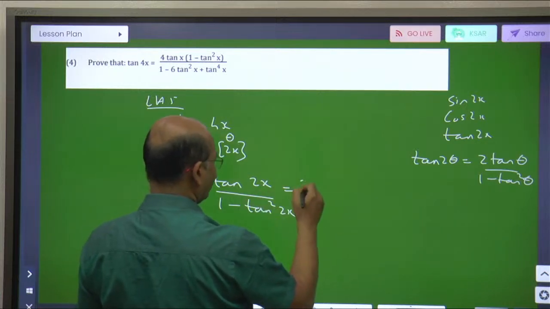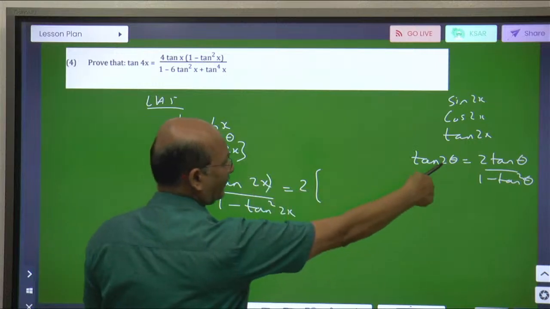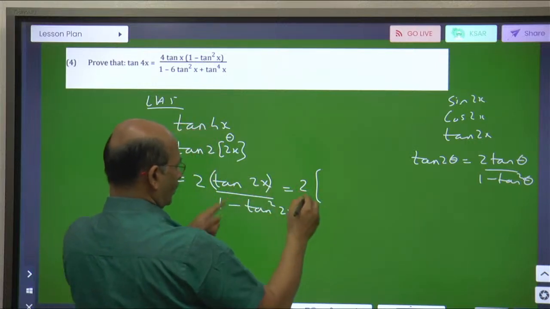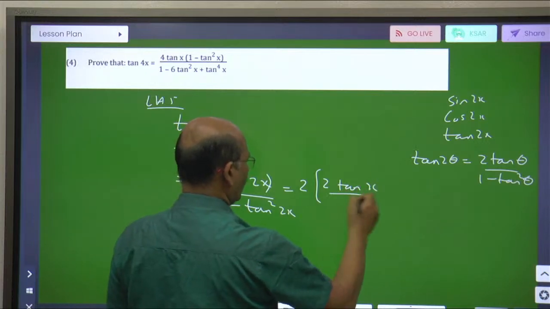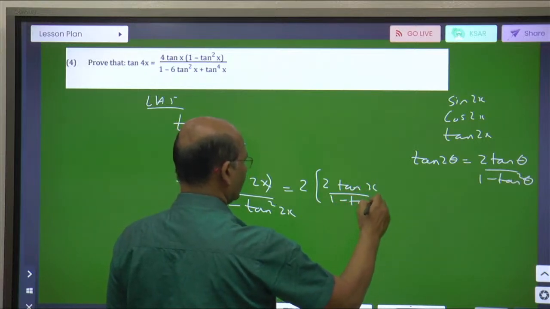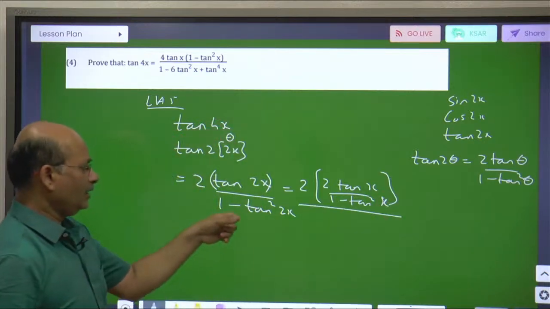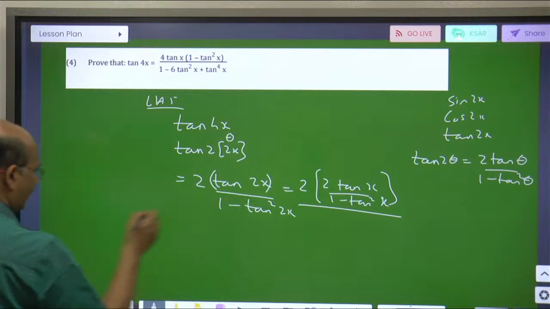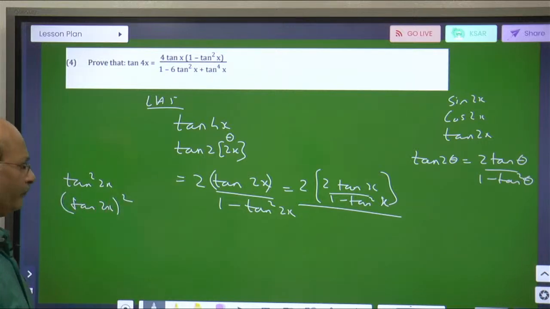So this 2 I can write as it is. This is tan 2x, and I can apply the same formula again inside. So this will become 2 tan x upon 1 minus tan square 2x in the denominator. Look at the denominator. Actually this is tan square 2x, which means tan 2x whole square.